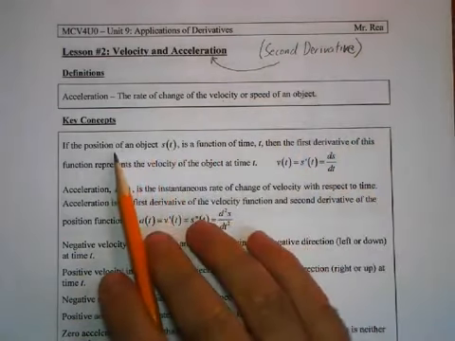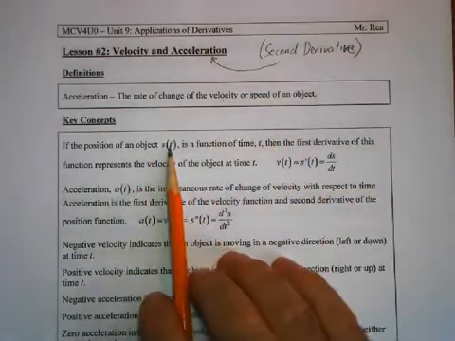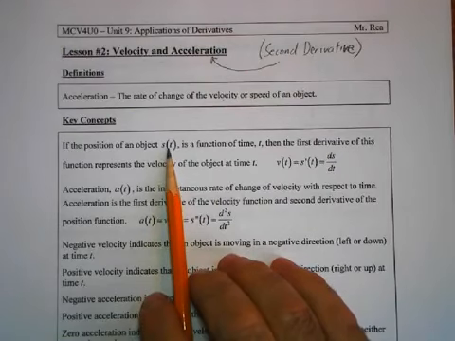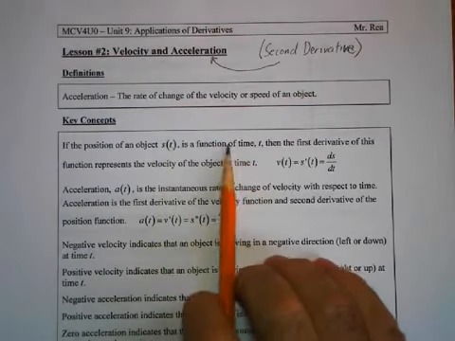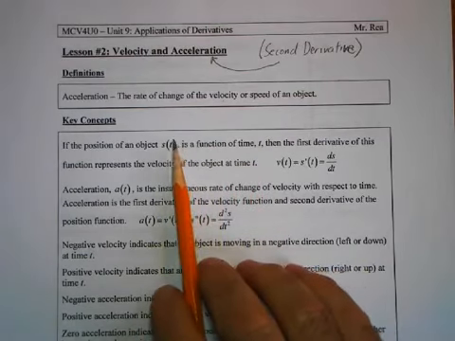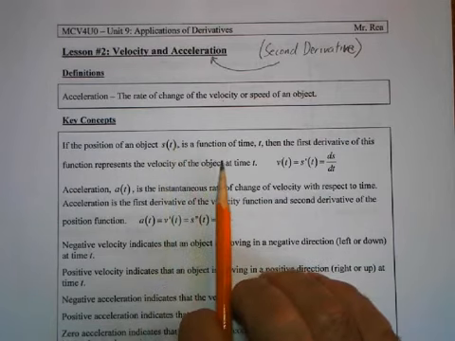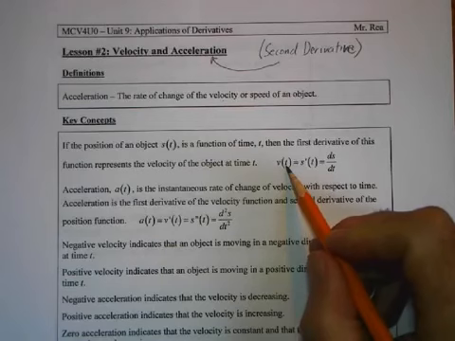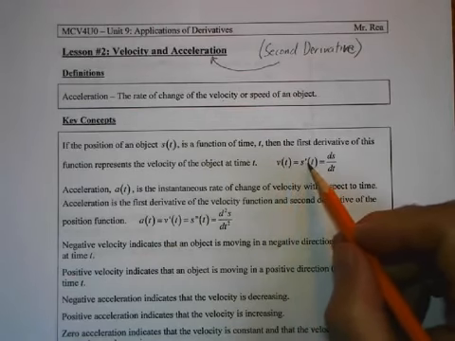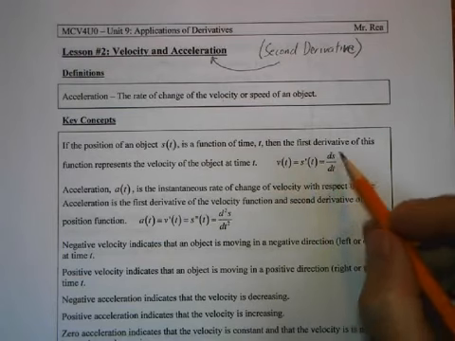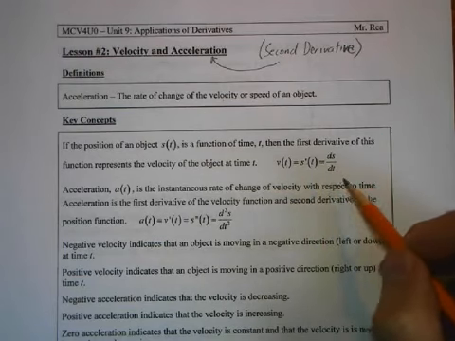Okay, so if we put it into context here, we've got s of t, which is your position function based on time. We've already done this: if we take the derivative of the position equation, we get the velocity equation at time t. So the velocity equation is the derivative of the position equation, known as ds over dt.